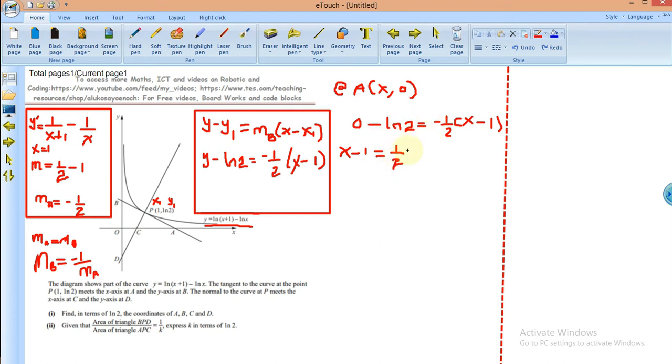Do you understand what I did? Such that x will now be half ln 2 plus 1. So finally, the coordinate here will be half ln 2 plus 1 comma 0.